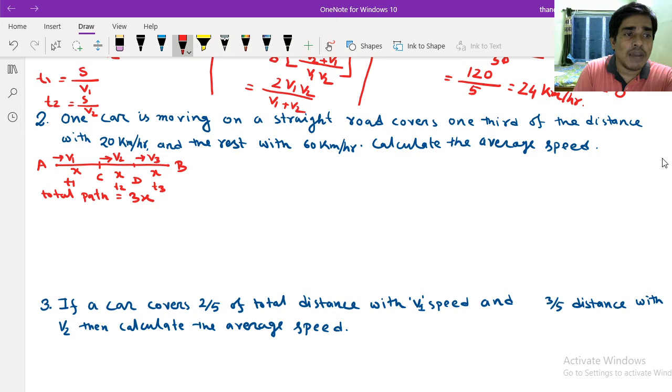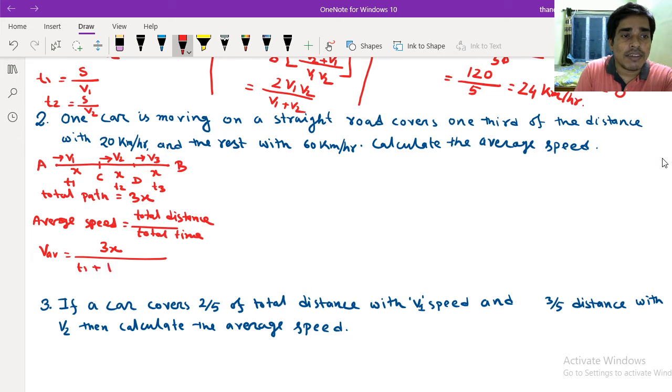So the average speed can be calculated as total distance divided by total time. This is the main formula. V average will be the total distance 3x divided by the total time t1 plus t2 plus t3.